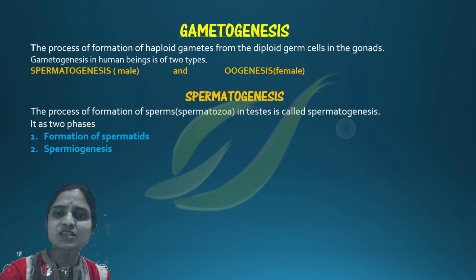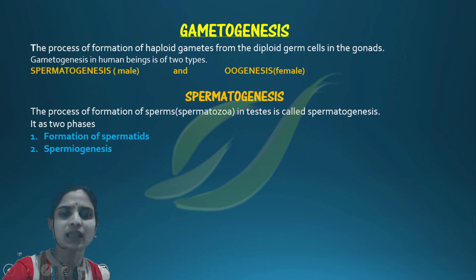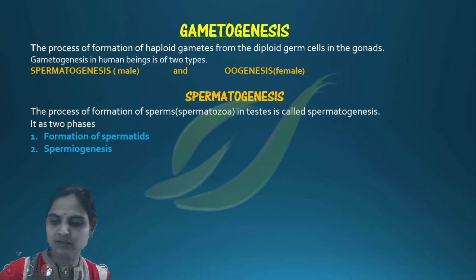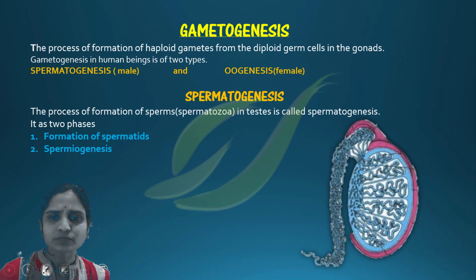This spermatogenesis takes place in two phases. One is the formation of spermatids, and the other is spermiogenesis.